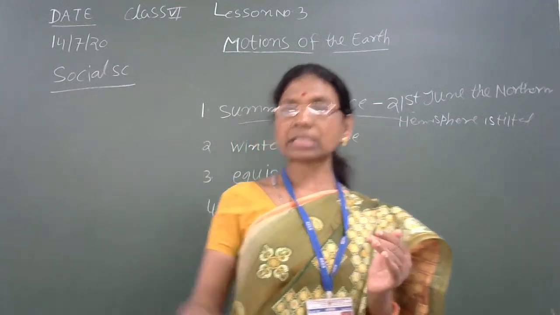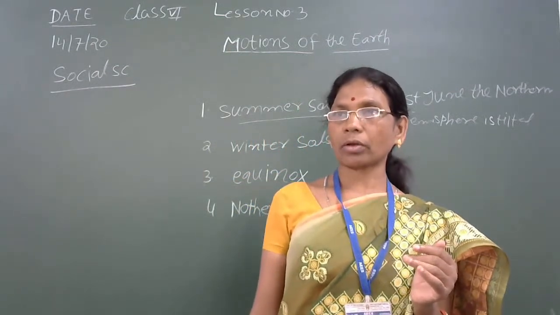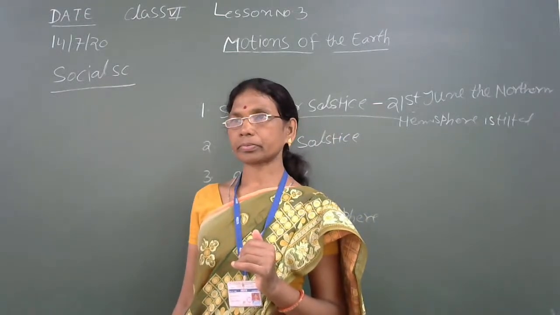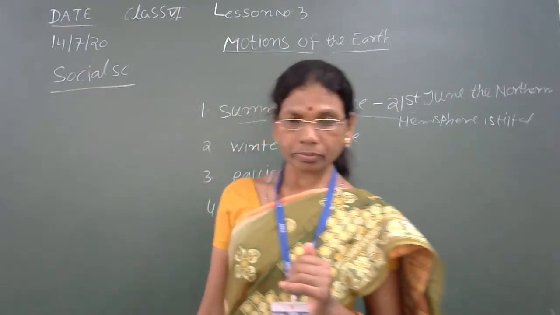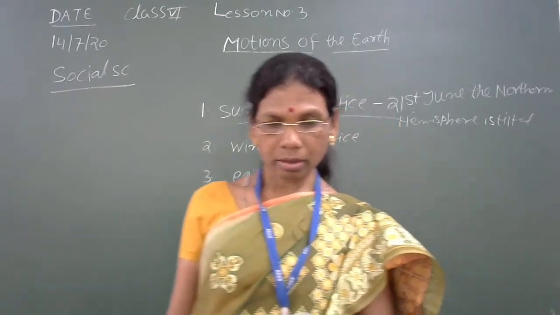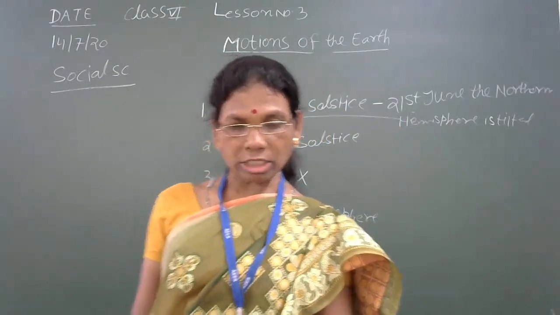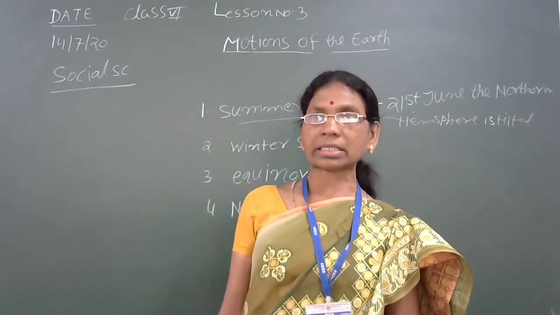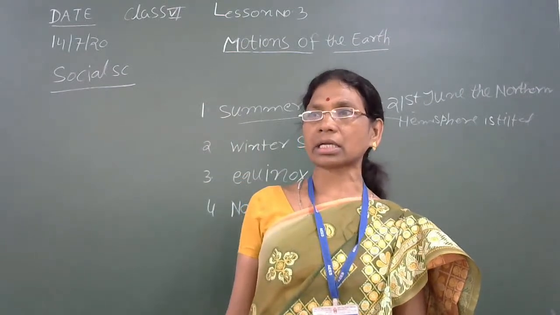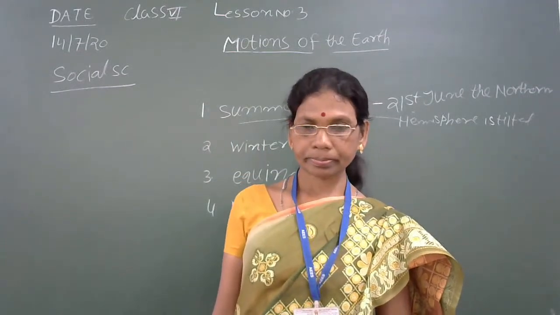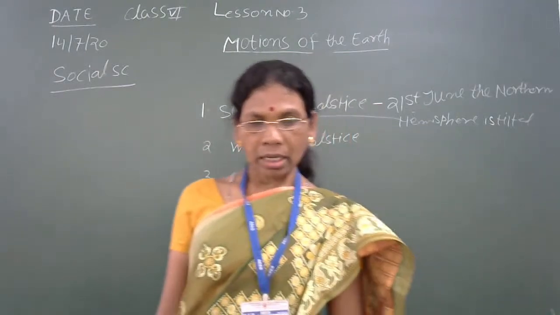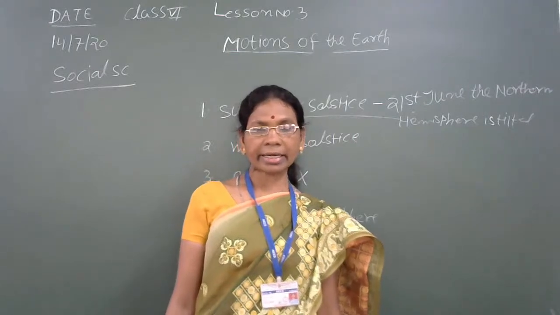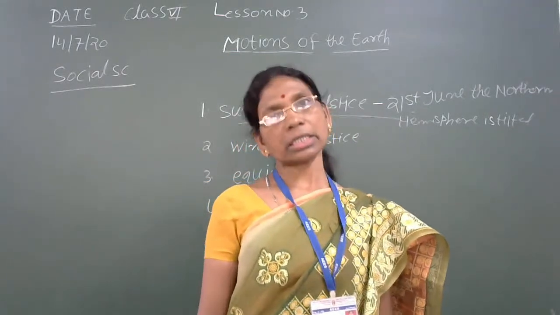The areas near the pole receive less heat. Why? Because the north pole is inclined towards the sun, and the places beyond the Arctic Circle experience continuous daylight for about 6 months.